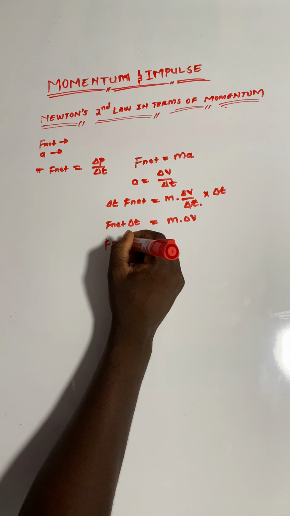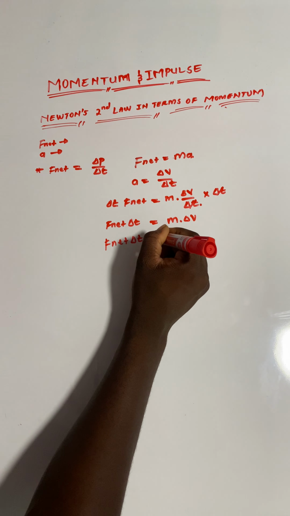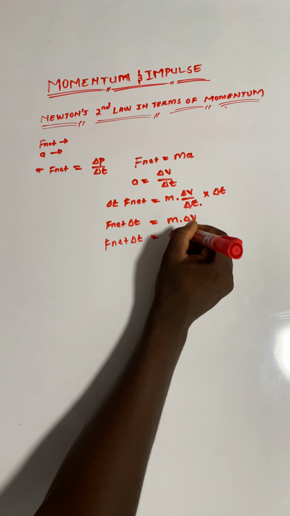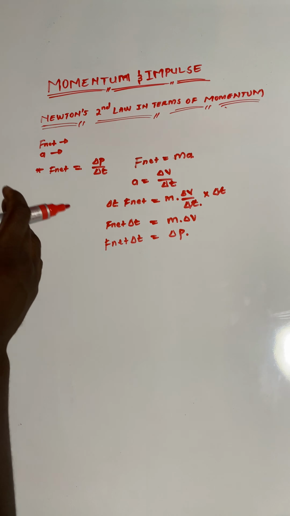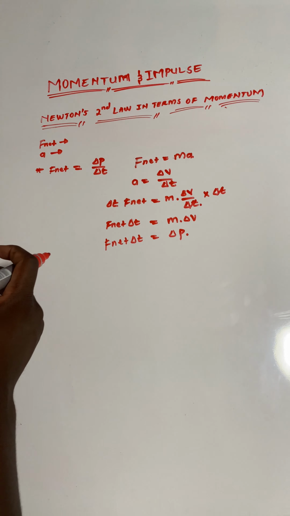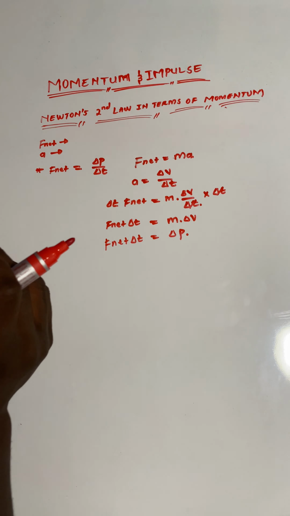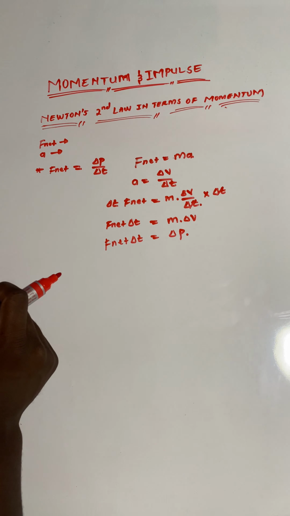Therefore, we are now allowed to say F net multiplied by time is equal to the change in momentum. I hope that this makes sense. This is where the concept of Newton's second law in terms of momentum comes from. I hope that you guys are following through.